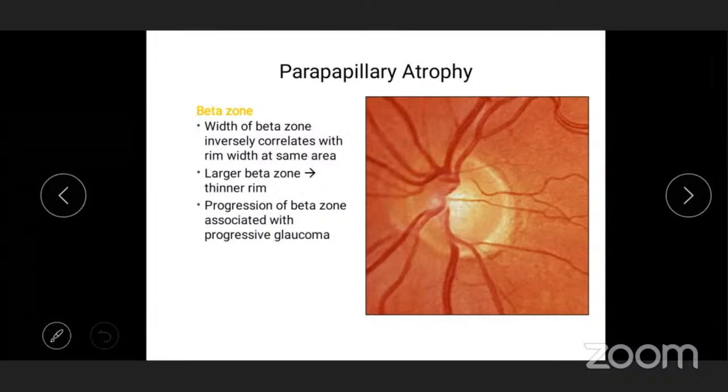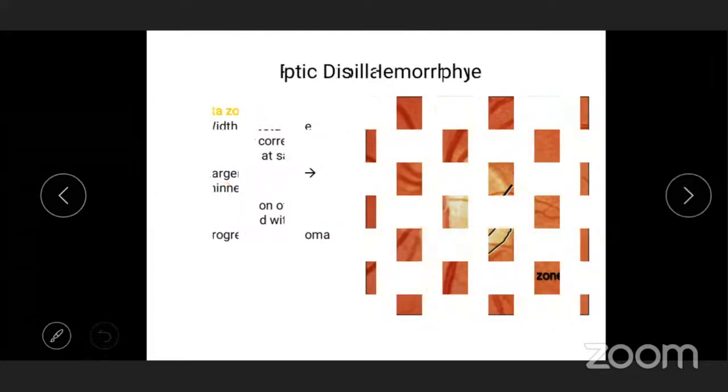Now the third thing to remember for your exams is the typical location, the common location for the beta zone in glaucoma is again the inferior part or the inferotemporal part. In fact, so much so that a large beta zone will correspond to a thinner rim. It will correspond to a corresponding sector RNFL defect. So all these are interrelated. Inferotemporal part common, inferior part common.